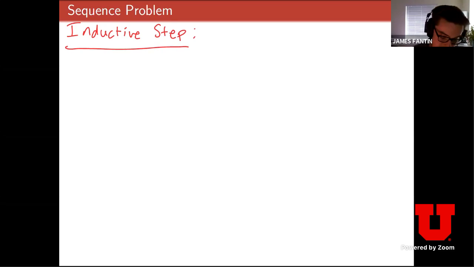Awesome. Let's go to the final part of any induction problem, the inductive step. Because we assumed that P of n is true, we need to show that P of n implies P of n plus 1.